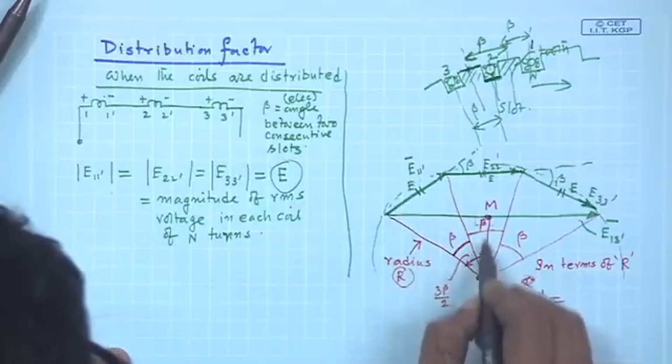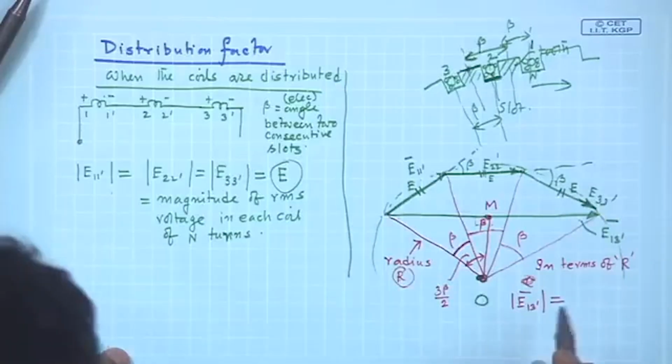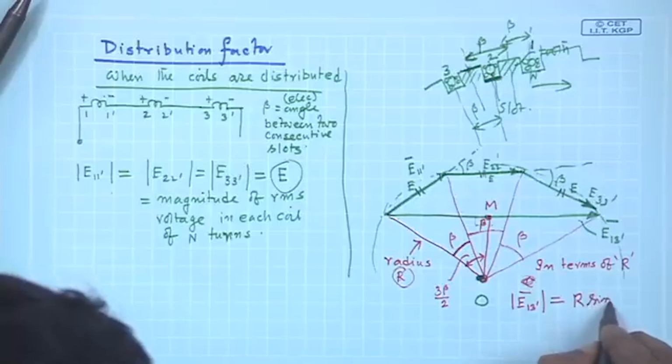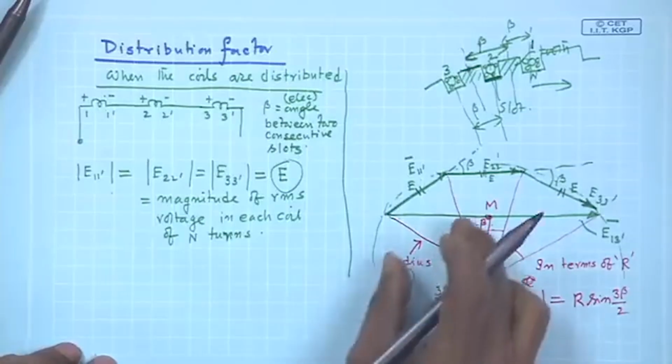So, from this right angle triangle, half of this length is nothing but R sine 3 beta by 2, into 2.